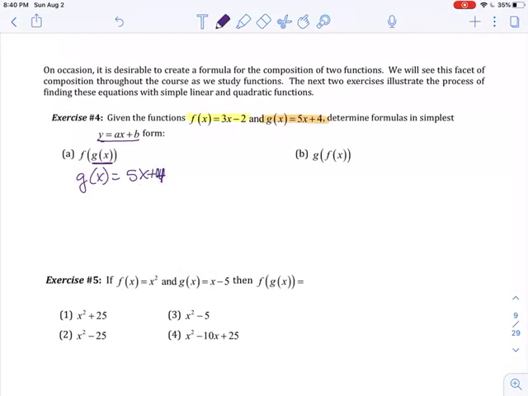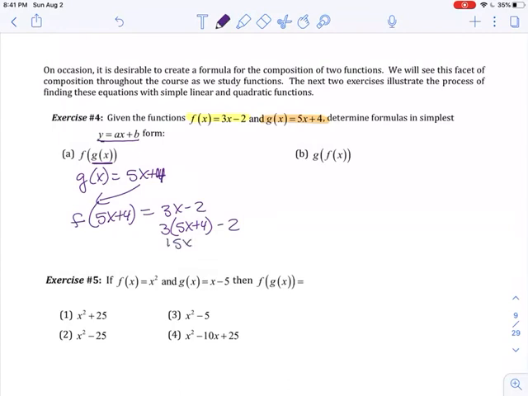So that's my output. This right here is my output, and that output is going to be used in my second function. So now I'm going to do f of 5x plus 4. I'm going to look at my f function, which is 3x minus 2, but wherever there's an x, I'm going to substitute 5x plus 4.